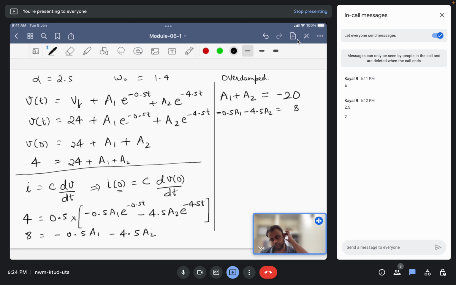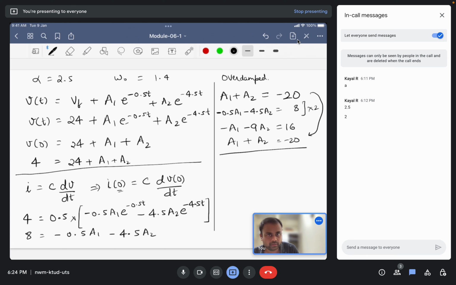Okay, so let us multiply it by 2. If we multiply this by 2 on the LHS and the RHS, it will become minus A1 minus 9A2 is equal to 16. And we already have the first equation, that is A1 plus A2 is equal to minus 20. Adding these two, A1 and minus A1 get cancelled.